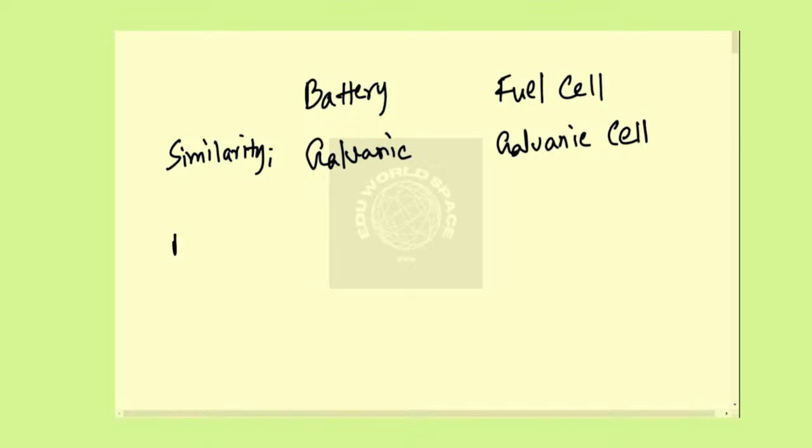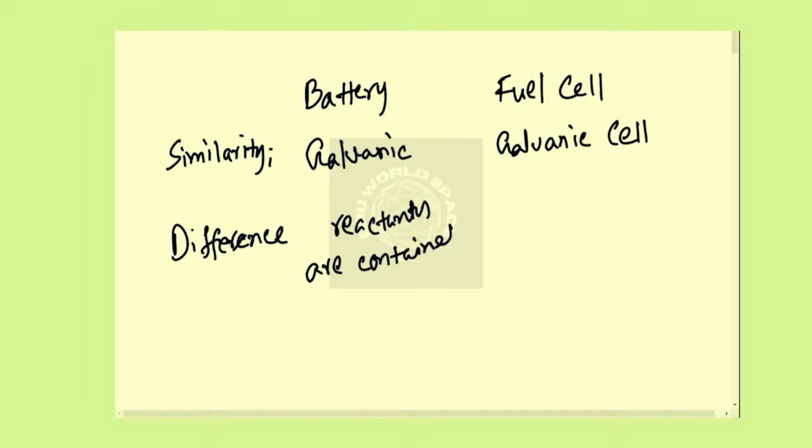And the basic difference between these two cells is, in case of a battery, the reactants are contained in the cell, but in case of a fuel cell, the reactants are not contained in the cell.